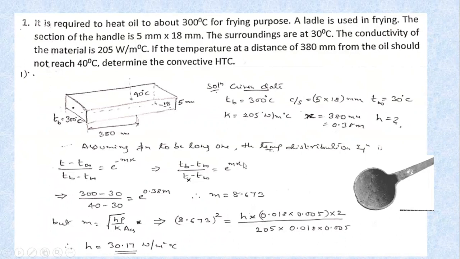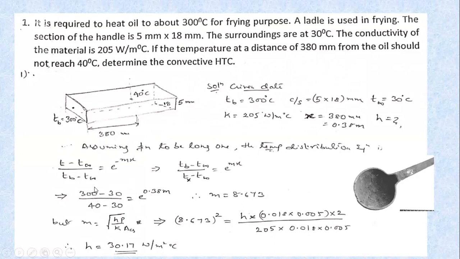Now substituting the given data, TB is 300, T infinity is atmospheric temperature 30 degrees, and Tx, that means at a certain distance, that is 380 mm distance, the temperature is 40 degrees.